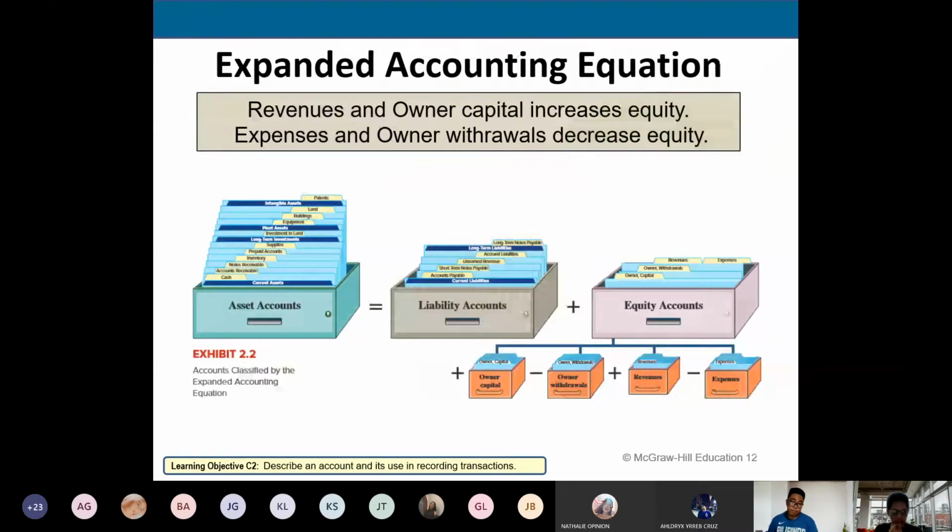So here is the expanded accounting equation. Okay? So ngayon, mag-start na tayo sa analyzation, no? Although na-take up nyo na to nung ABM nyo, mas mainam na isa-isahin natin yung mga possible transactions for us to fully understand this expanded accounting equation.